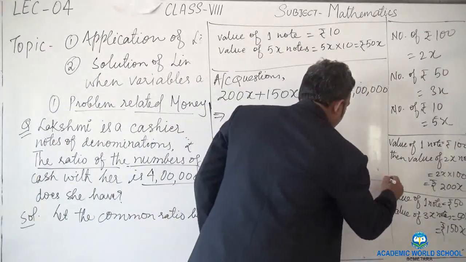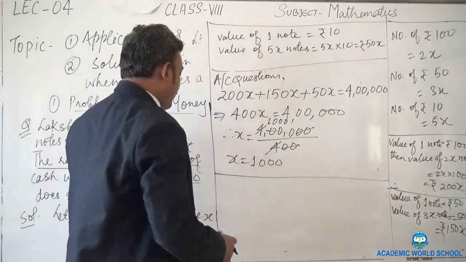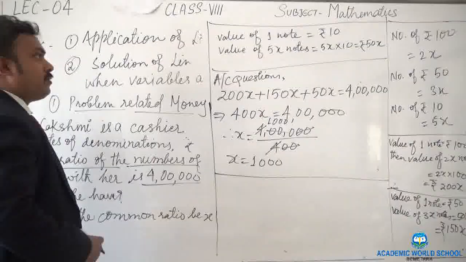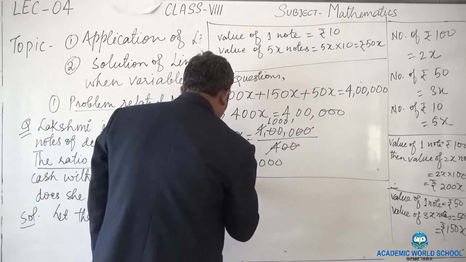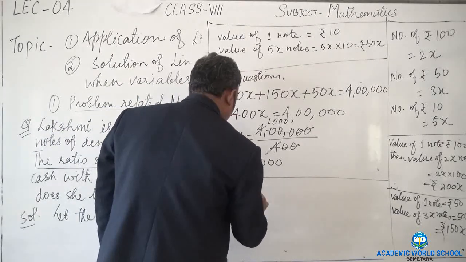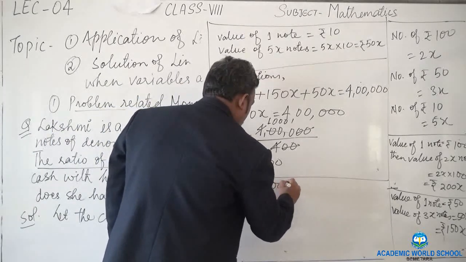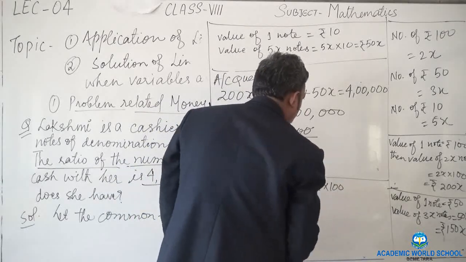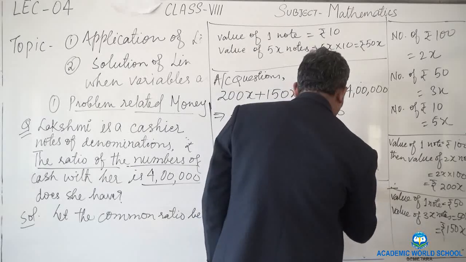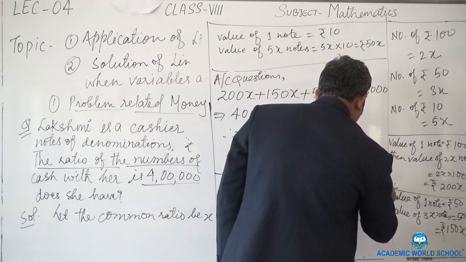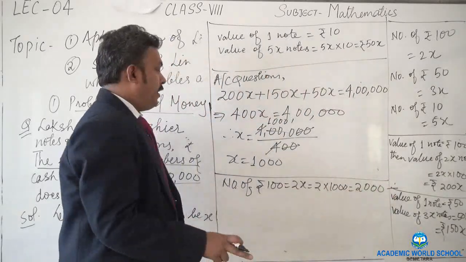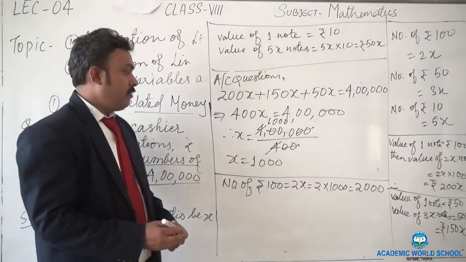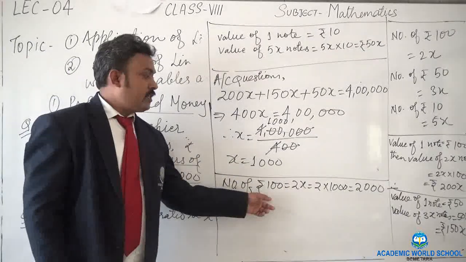Right? So how many 100 rupee notes are there? The number of 100 rupee notes, 2x, is 2 into 1000, which is 2000, right? Means she has 100 rupee currency, how many?